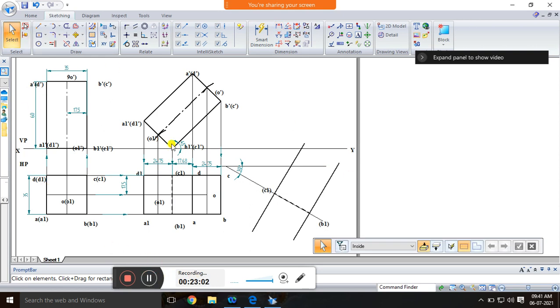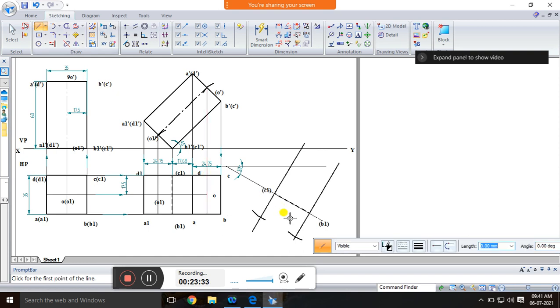So next, take your compass, place it on C1 and stretch up to D1. The distance is 24.75. Cut the arc. And similarly from here, place the same compass and cut one more arc.